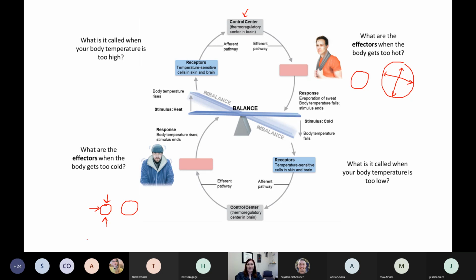The reason we're doing vasoconstriction in places like your fingers and your toes is because we're taking all of that blood that would have been going out there, and we're shuttling it into the thoracic and abdominopelvic cavities. When we put it all there, we're protecting our organs.